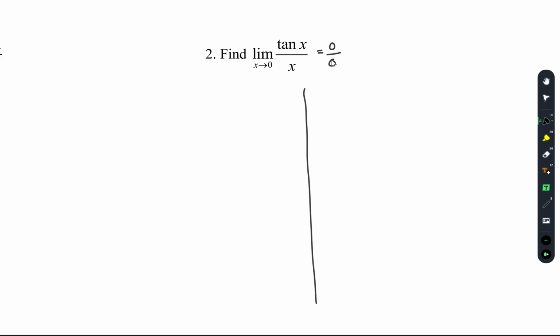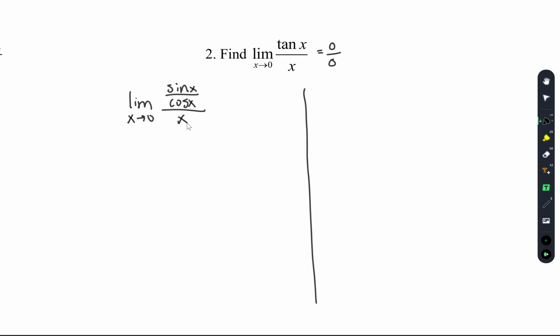With other ones, you could factor and do conjugates and all that. With this one, tangent, remember with L'Hopital, actually, no, I'm not going to do that. I'm going to show you the algebra way. The only thing you can really do is change tangent over to sine over cosine.